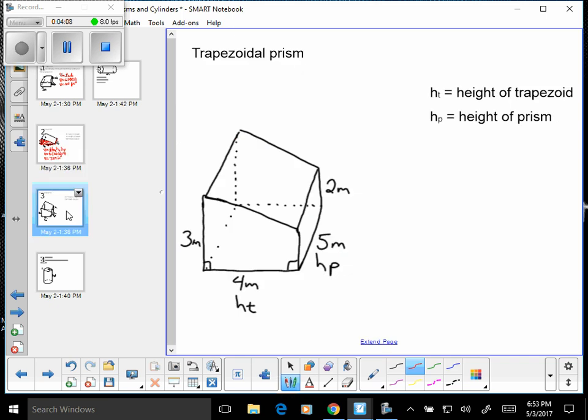All right, now for the trapezoid. This trapezoid, we again are going to have 2 heights whenever we're going to do the volume here, because you have the height of the trapezoid. So in this case, h sub t is going to stand for trapezoid, and h sub p is going to stand for the height of the prism.